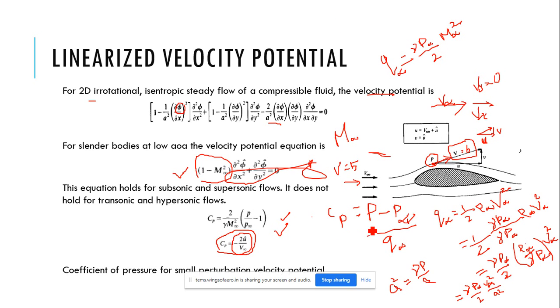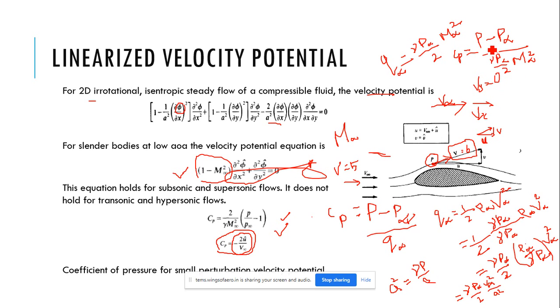But we know the formula for Cp is P minus P infinity divided by Q infinity. By substituting here, we get Cp equal to P minus P infinity divided by gamma P infinity divided by 2 into M infinity square.